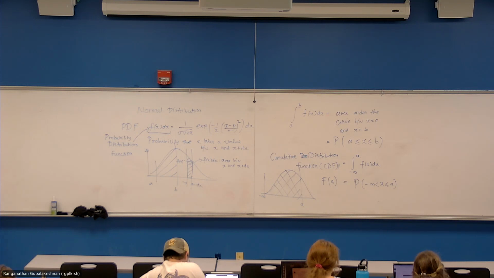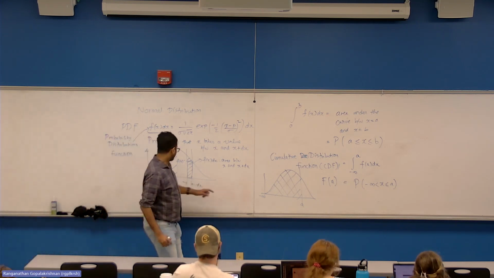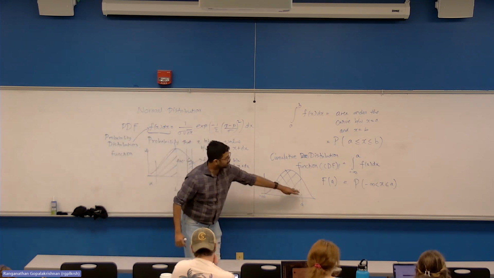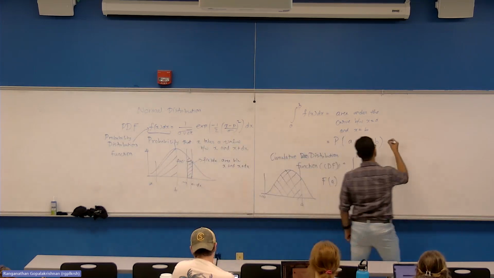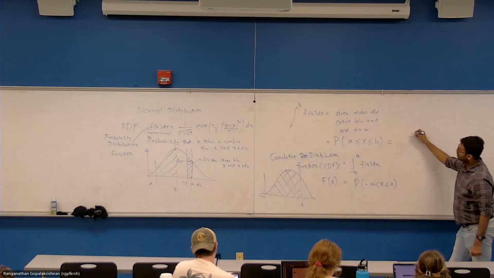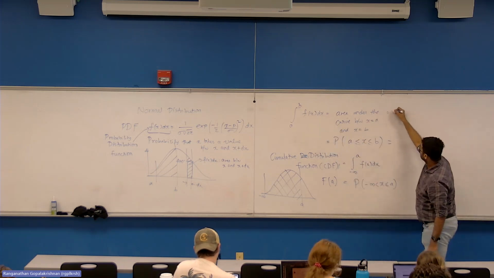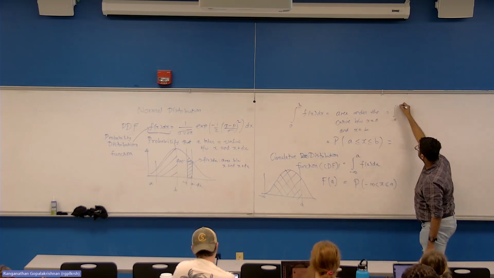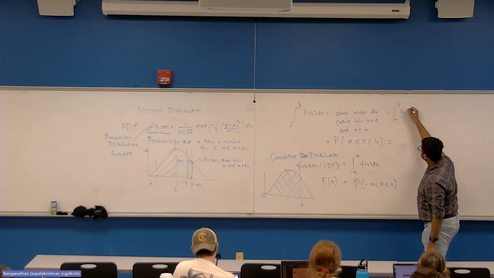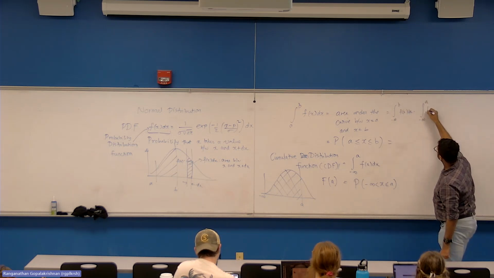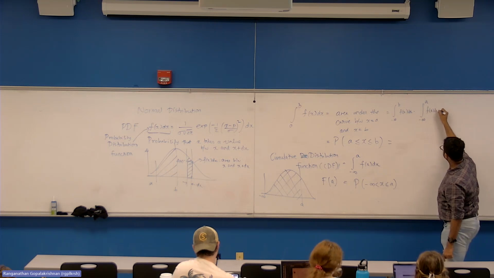All right. So if I want the area between some a and b using this notation, how will you write this? This is the integral from a to b of f of x dx. Can I rewrite it as the integral from minus infinity to b of f of x dx minus the integral from minus infinity to a of f of x dx?